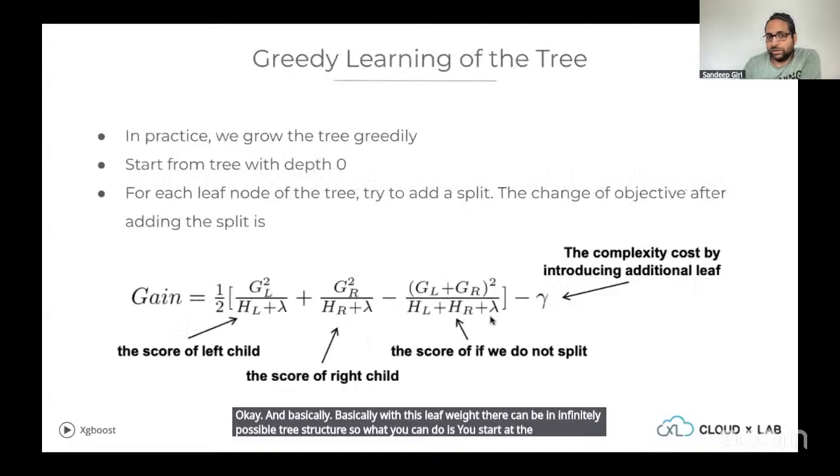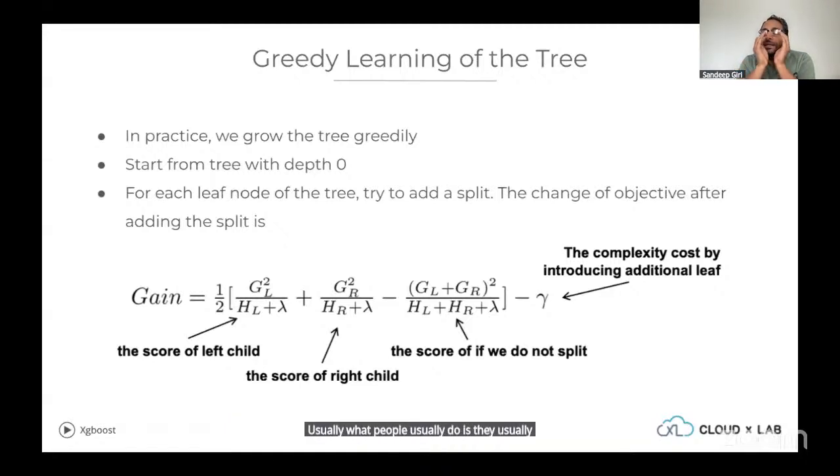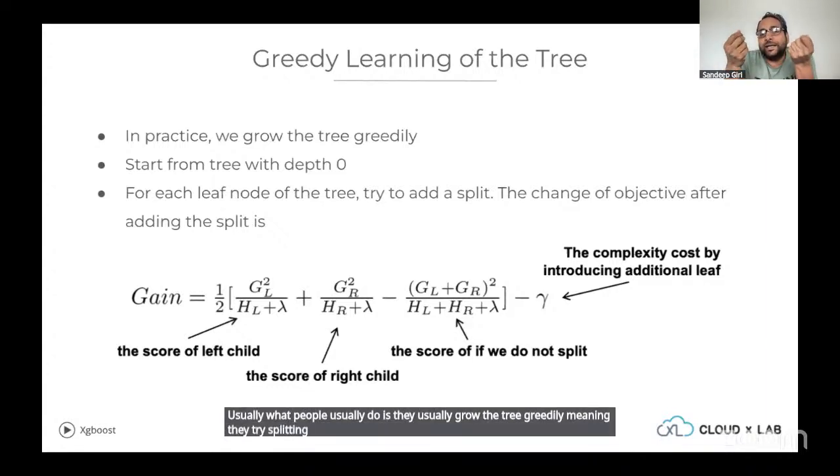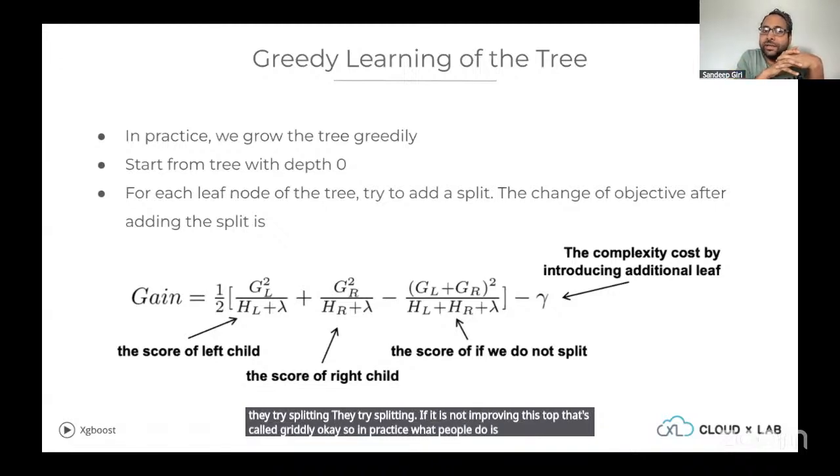Usually what people do is they grow the tree greedily, meaning they try splitting, and if it is not improving, they stop. That's called greedy. So in practice, people grow the tree greedily.